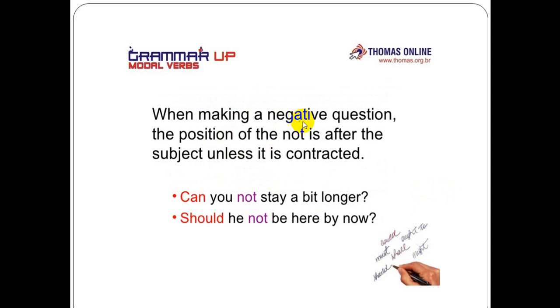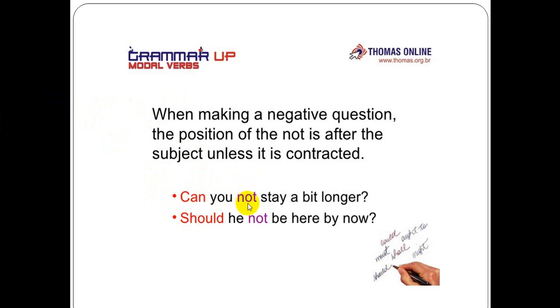When making a negative question, the position of the adverb not is after the subject unless it is contracted. When you want to form the question in negative form, the adverb not comes after the subject.